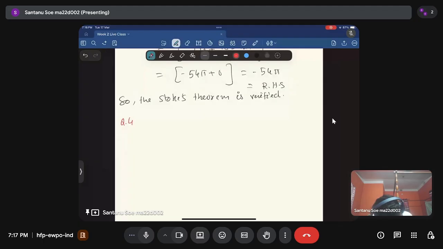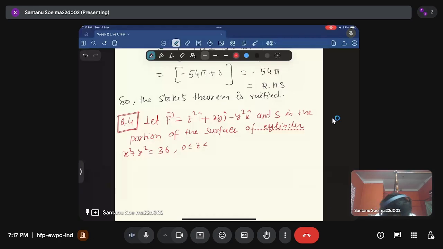Let F equal z square i cap plus xy j cap minus y square k cap, and S is the portion of the surface of the cylinder x square plus y square equals 36 and 0 less than or equal to z less than or equal to 4, included in the first octant.